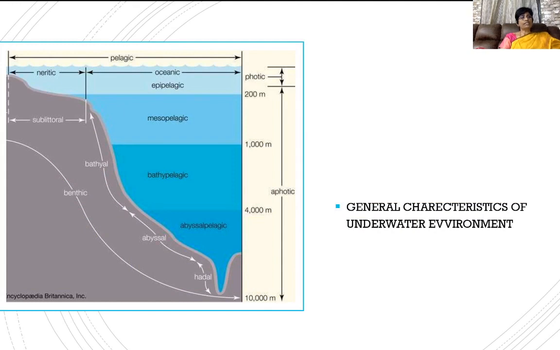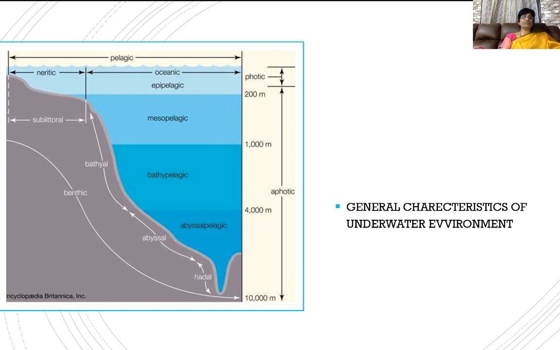The underwater environment refers to the region below the surface, immersed in liquid water in a natural or artificial feature such as an ocean, sea, lake, pond, reservoir, river, canal, or aquifer. Now, the general characteristics of underwater environment.